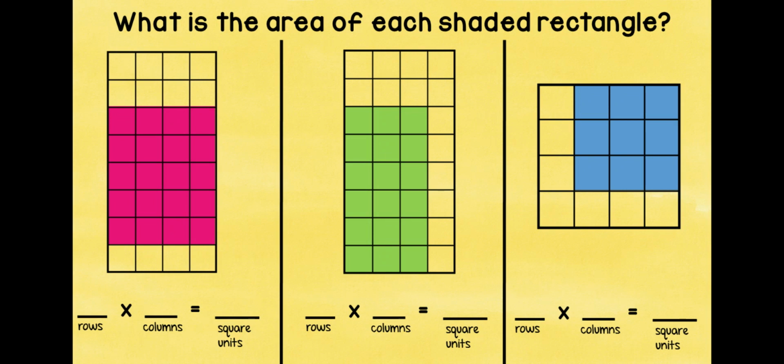All right, hopefully you took the time to calculate the area for those 3 shapes. Starting with the pink on the left, we have 5 rows, it's 5 blocks tall, and we have 4 columns, 4 blocks across, so 5 times 4, you should have gotten the answer 20 square units. Very nice.